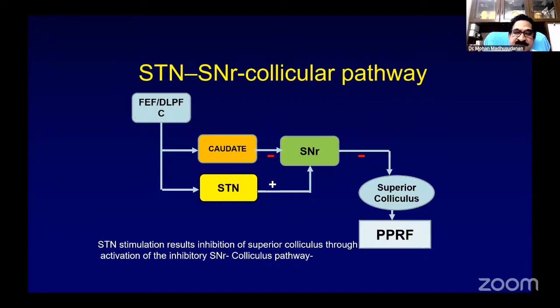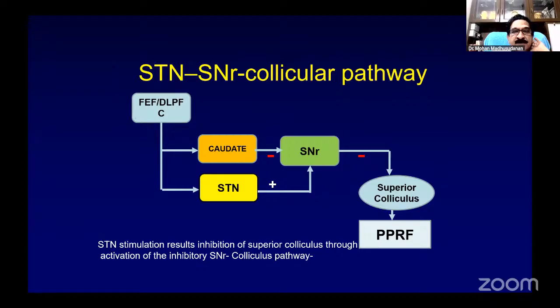So, STN stimulation results in inhibition of the superior colliculus through activation of the inhibitory SNR superior collicular pathway. So, in both ways, the basal ganglia can influence the saccadic system either in terms of activation or inhibition.